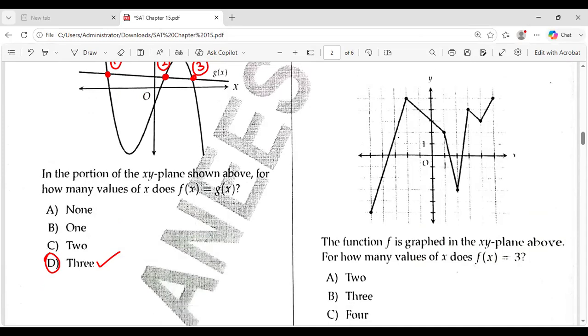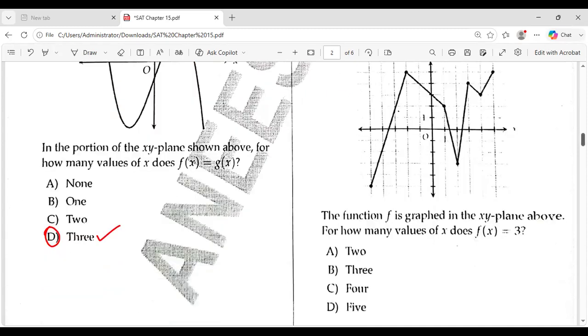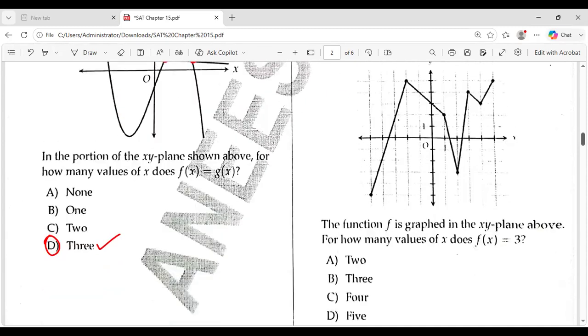What is the question number? Question number 4. 4 is C. So you guys can see, means 4 points.